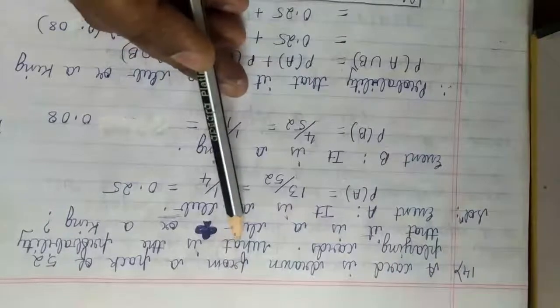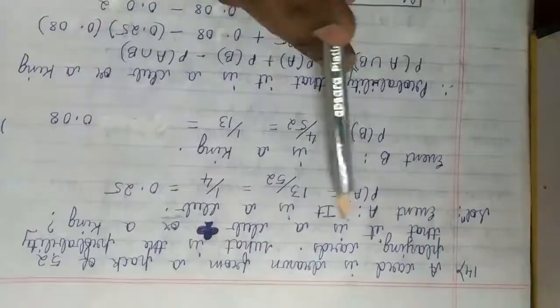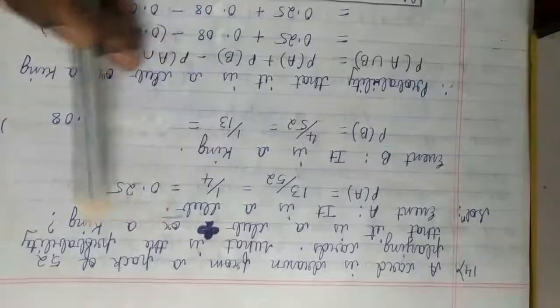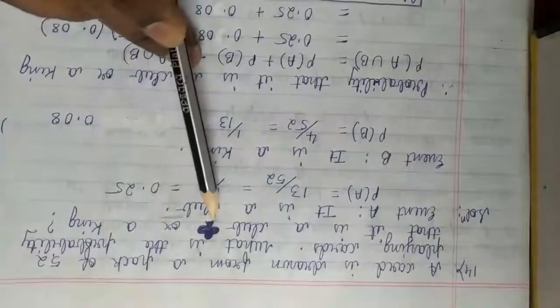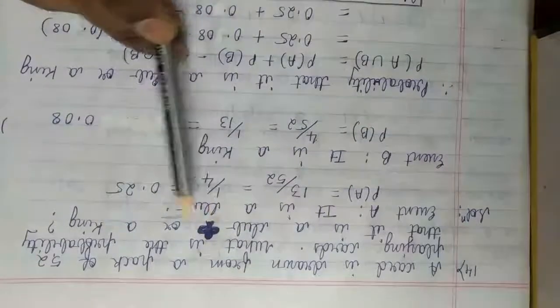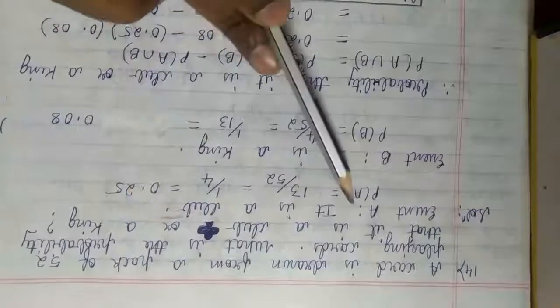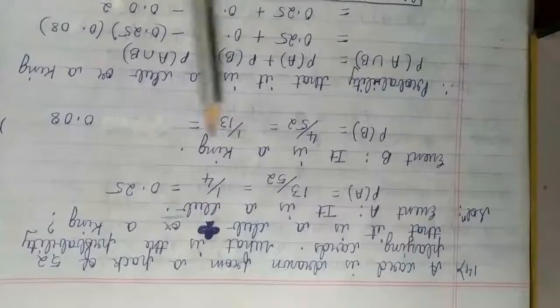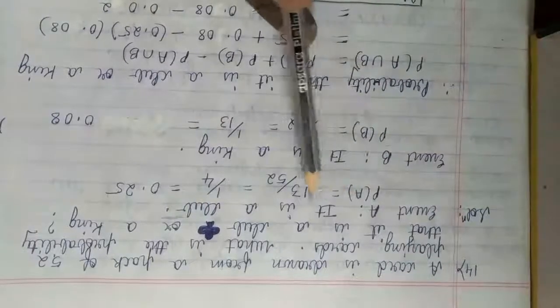The question is, what is the probability that it is a club or a king? When they have asked this, we are splitting this into two events, event A and event B. Event A is it is a club, event B is it is a king.